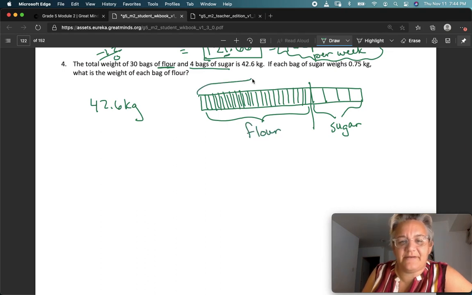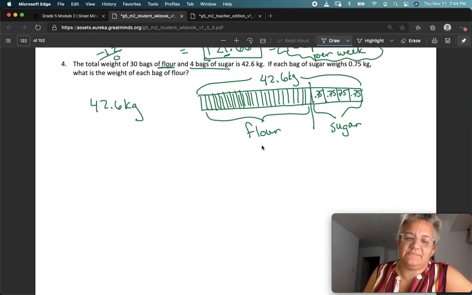And all together, these weigh 42.6 kilograms, okay? I know that sugar, each of these is 75 hundredths of a kilogram. Okay, but I want to know what this weighs, all right? And not the whole thing. I only want to know what that weighs, okay? So how am I going to do this?